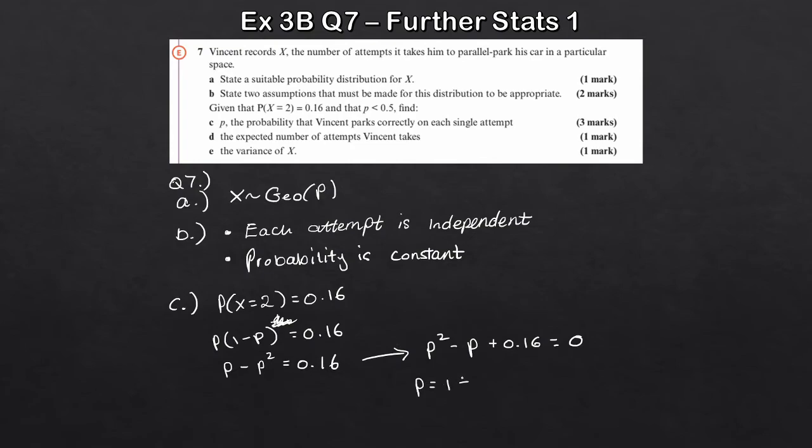So 1 plus or minus the square root of minus 1 squared minus 4 times A, which is 1, times C, which is 0.16. Okay, we do all that, and it's divided by 2A, which is 2 times 1, giving me 2 there.